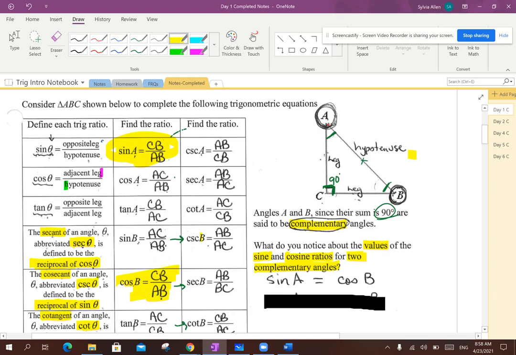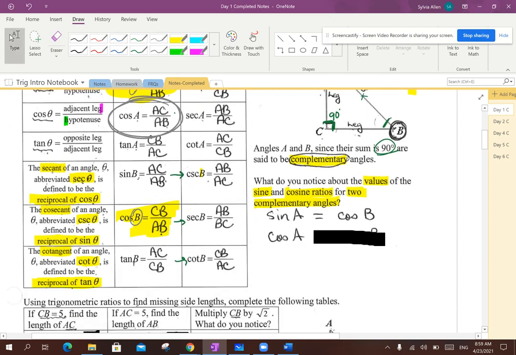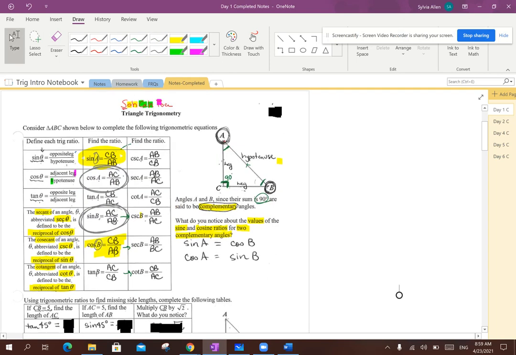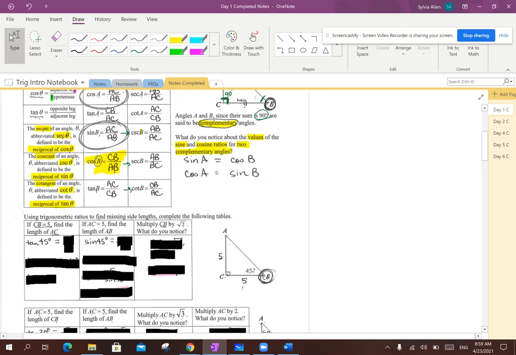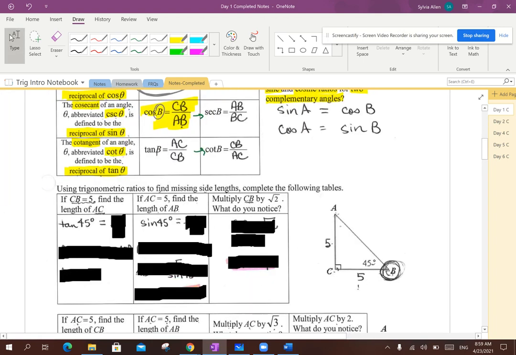And if you look at that, we see that. So sine of A is going to be the same ratio as cosine of the other complementary angle. All right, so what if I had cosine of A? Cosine of A is going to be the same thing as sine of the other complementary angle. All right, so if you need to process that, I recommend that you just take a moment and make sense of that.